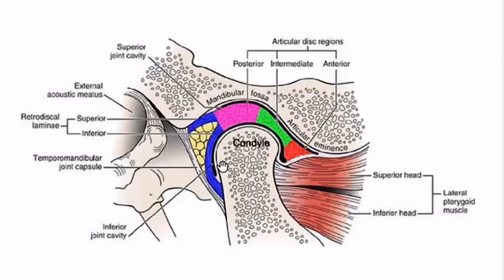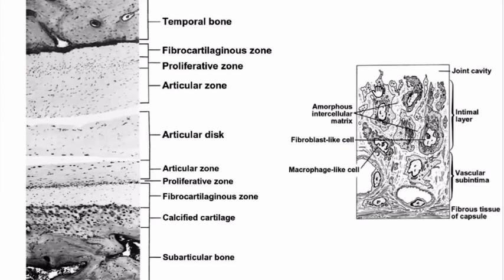It's a dialysate from blood plasma with a high concentration of hyaluronic acid, to make the cushion effect. The synovial fluid is produced by synovial cells, the synovial layer of cells, which is the innermost layer of the capsule.